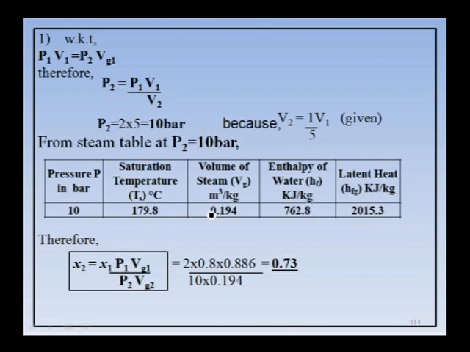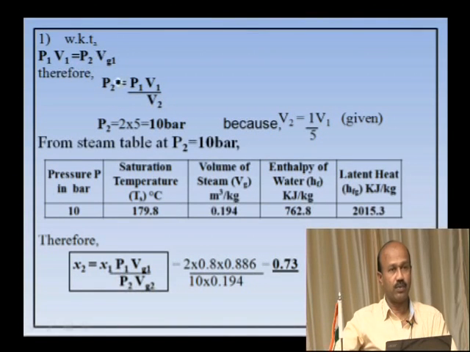First we will find the final pressure. So, what is the law? Hyperbolic law. Hyperbolic law means P1 V1 is equal to P2 V2. Here P2 is equal to P1 V1 by V2, by cross multiplication, because I want the final pressure P2. So P1 is given, that is 2, and V1.